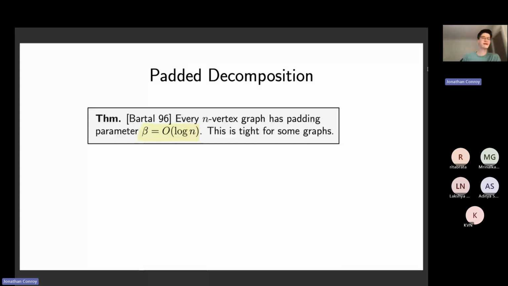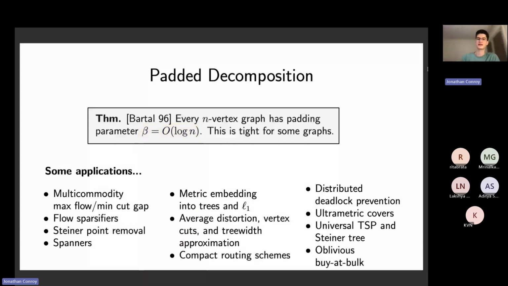So Bartal was motivated by this study of embedding graphs into trees with low expected distortion. But some related ideas had been studied earlier for these flow-cut gaps in the multi-commodity regime. And this padded decomposition has basically become an important parameter for a bunch of approximation algorithms and metric embeddings.